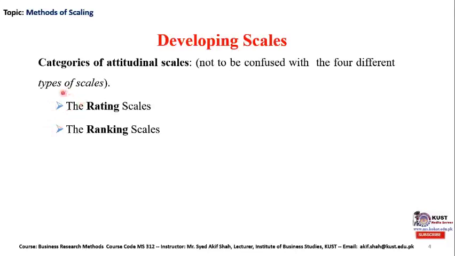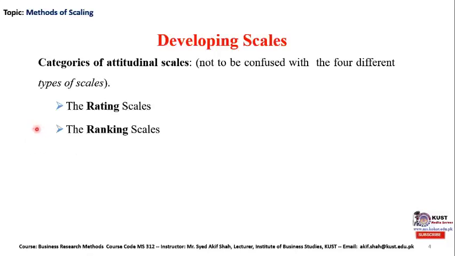The discussion on the rating scales and their different types, probably the 10 different types, has already been covered in my previous lectures. If you are interested in knowing what rating scales are and the different methods of conducting research by collecting data with rating scales, you can go back to my previous lecture and listen to it.